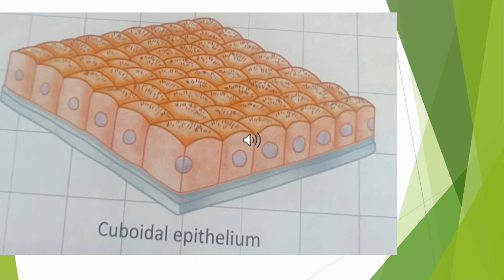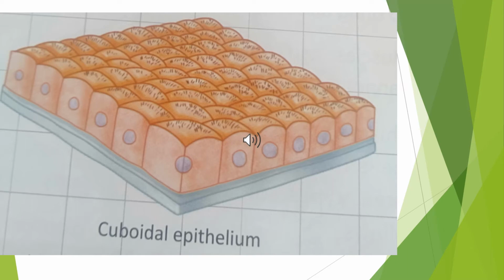Salivary glands secrete enzymes, such as amylase. The salivary glands are present in the mouth, and they secrete the salivary enzymes, different enzymes.